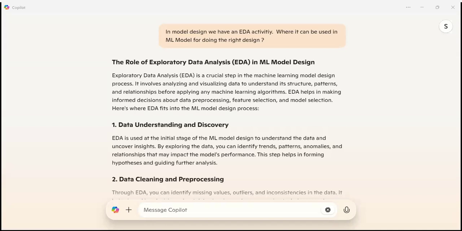Because of that, outliers, correlation analysis, trend analysis, all these are tasks under the EDA process. But if anywhere you are doing data analysis in your activities, again EDA will come into the picture. So you have to check it.